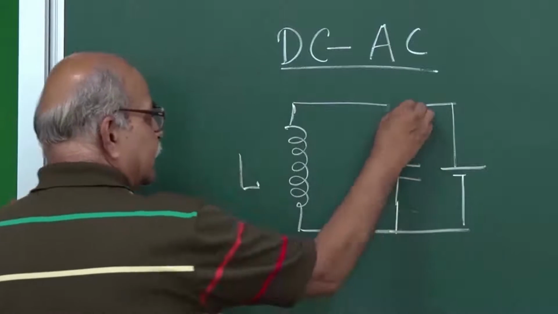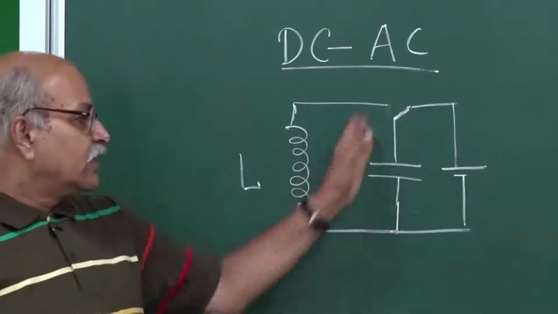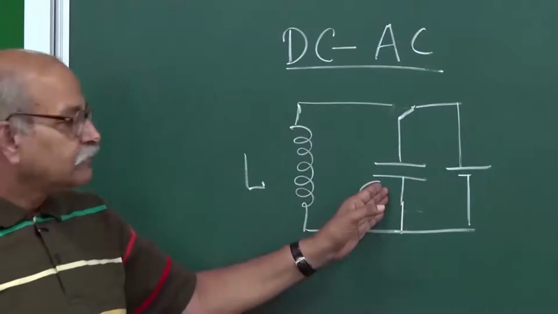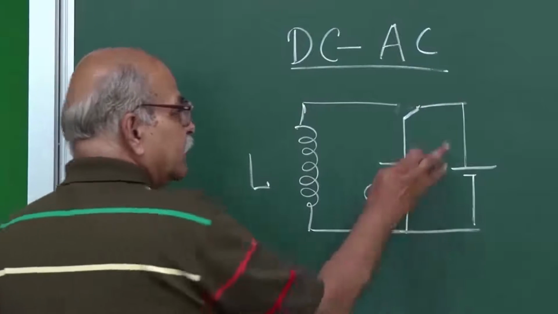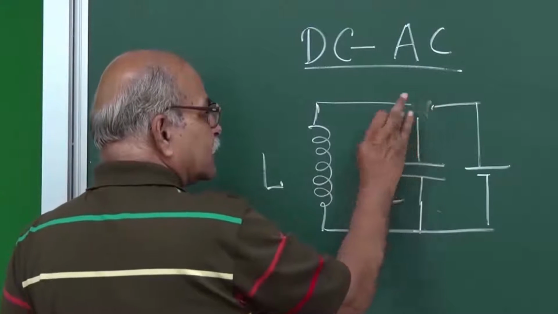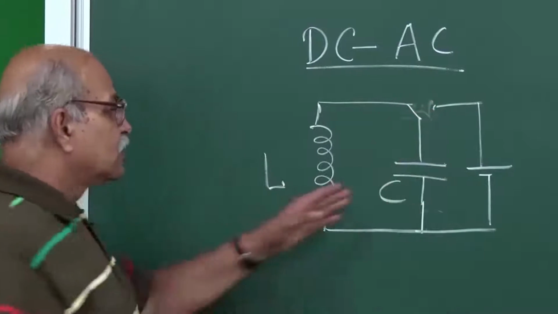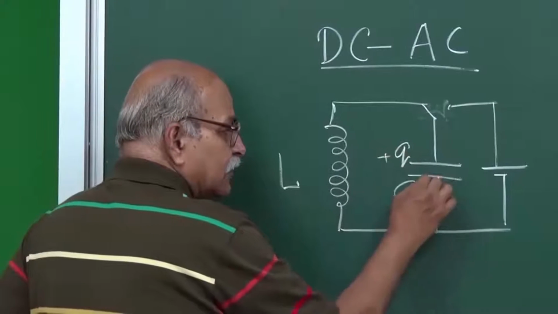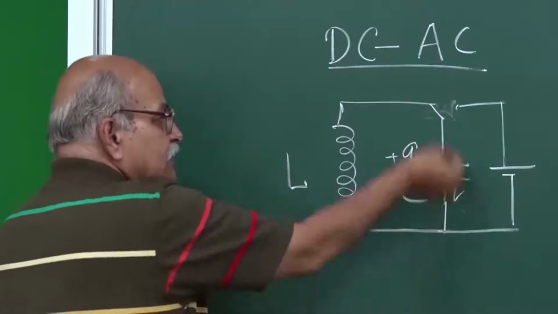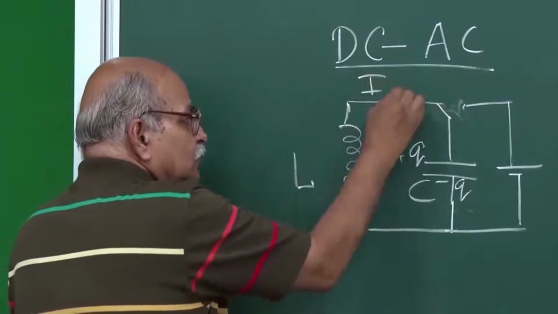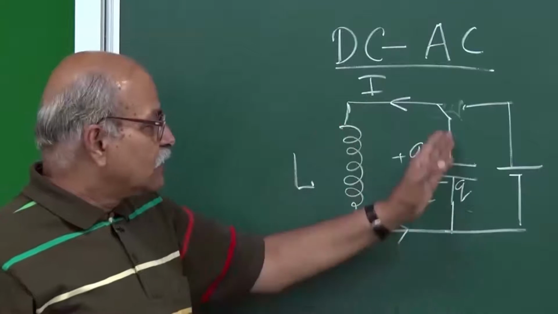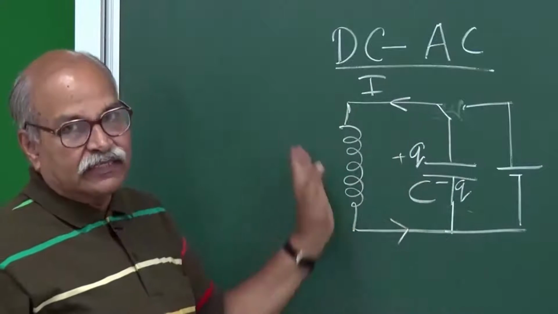So if I join it here, the capacitor C is charged. And then if I remove it from here and connect it here, this charged capacitor, which already has a charge, plus Q here, minus Q here, will send a current through the inductor. So that is your LC circuit.